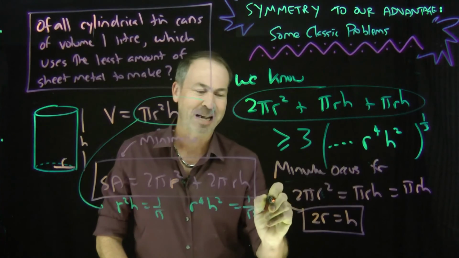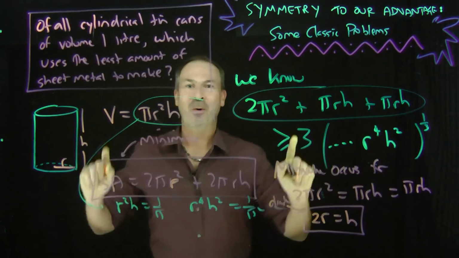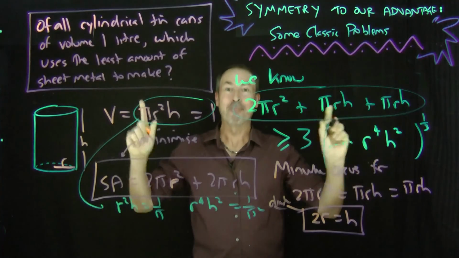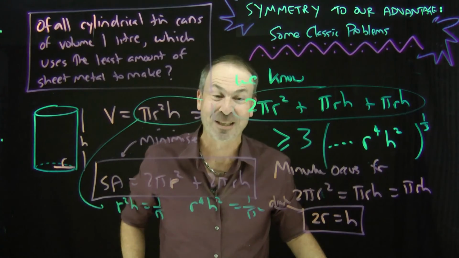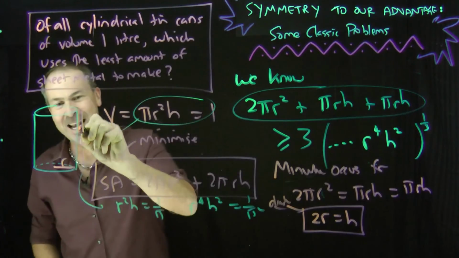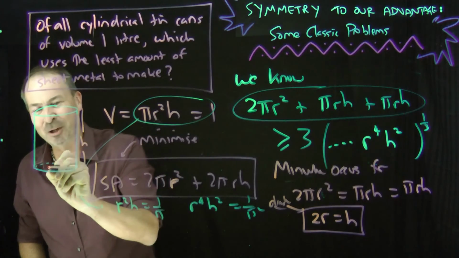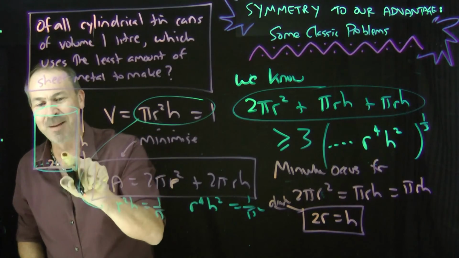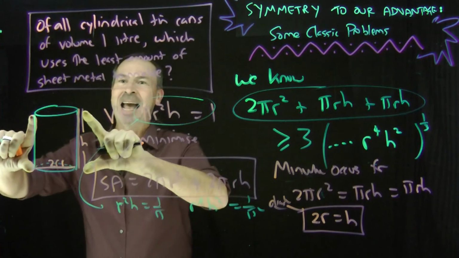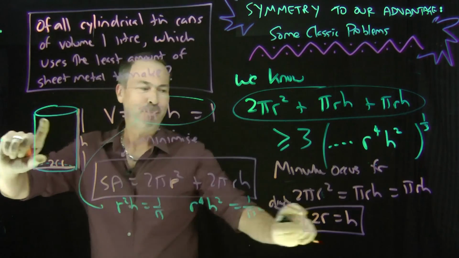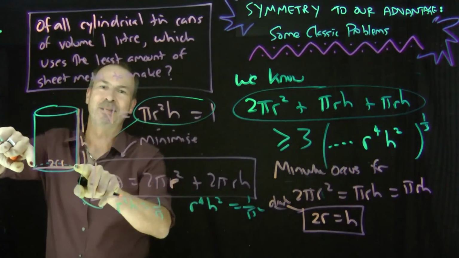Most people call that diameter. Whoa, that is exciting to me because that brings me full circle for this video series. So look at this. If this is h and this is the diameter, 2r, we're saying to get a can of minimal surface area, please make the height of the can the same as the diameter of the can.